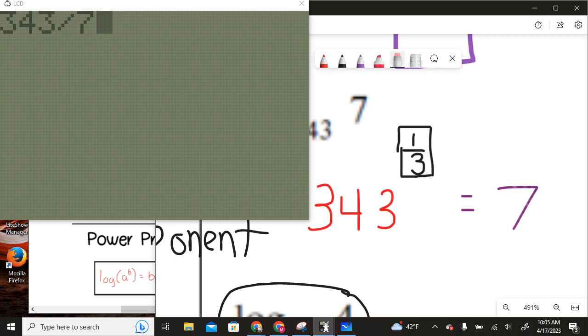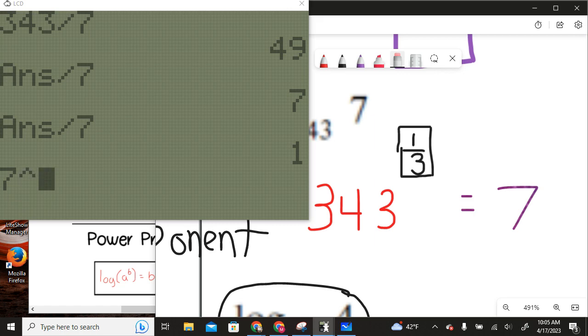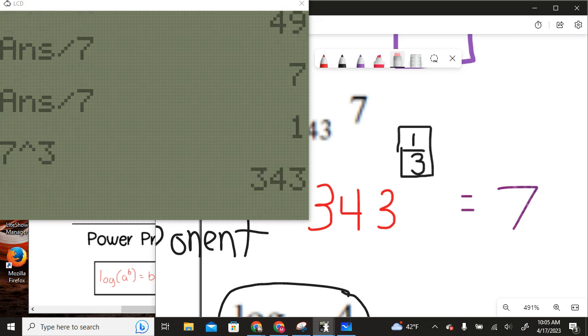This way I can reverse that to figure out what the possible answer is. So I know if I divide 343 by 7, that gets me 49. I know if I divide 49 again by 7, I get 7. And one more time gets me 1. So what this tells me is if I take 7 to the third power, I get up to 343.